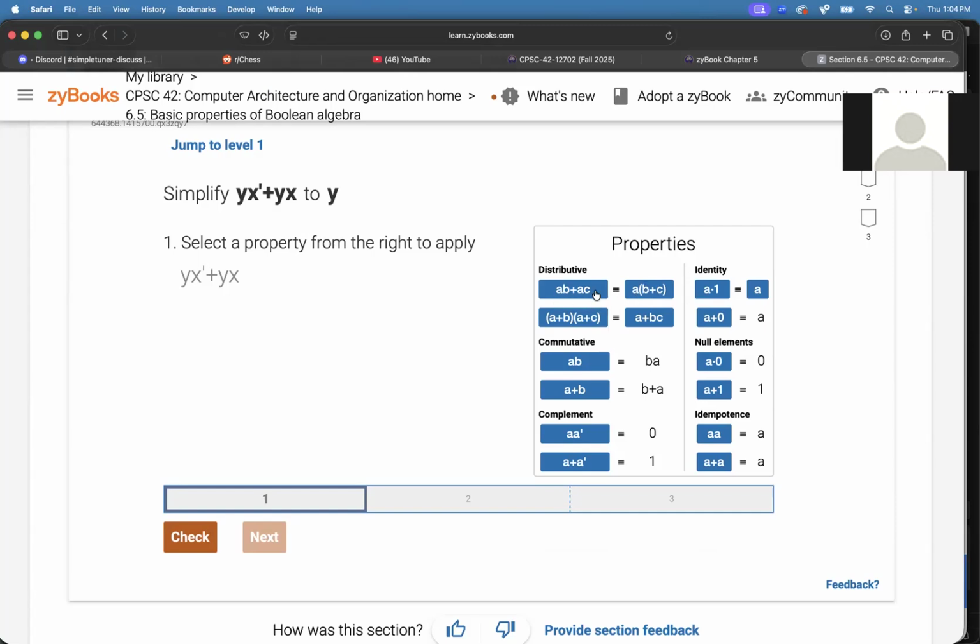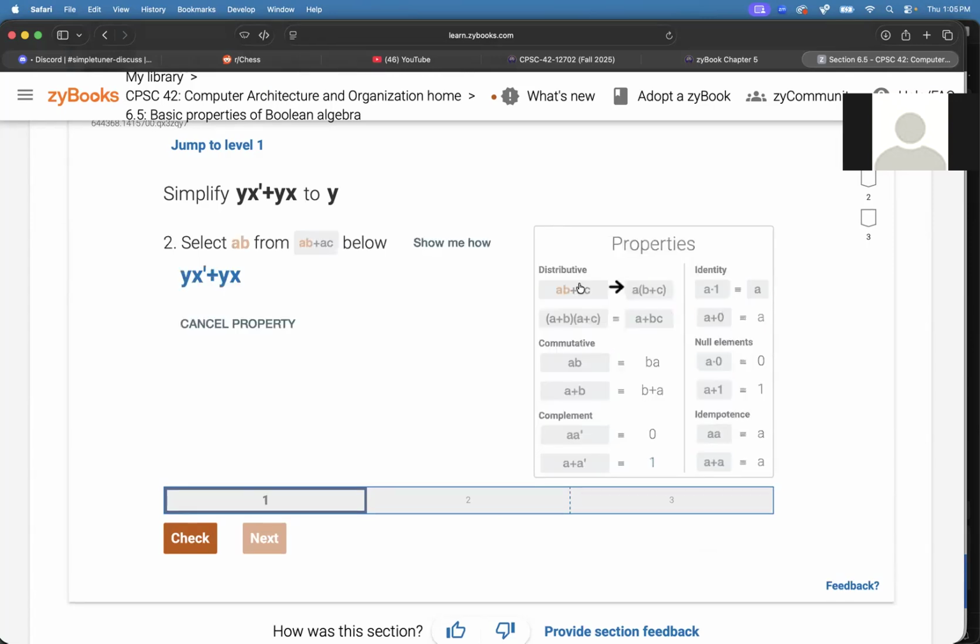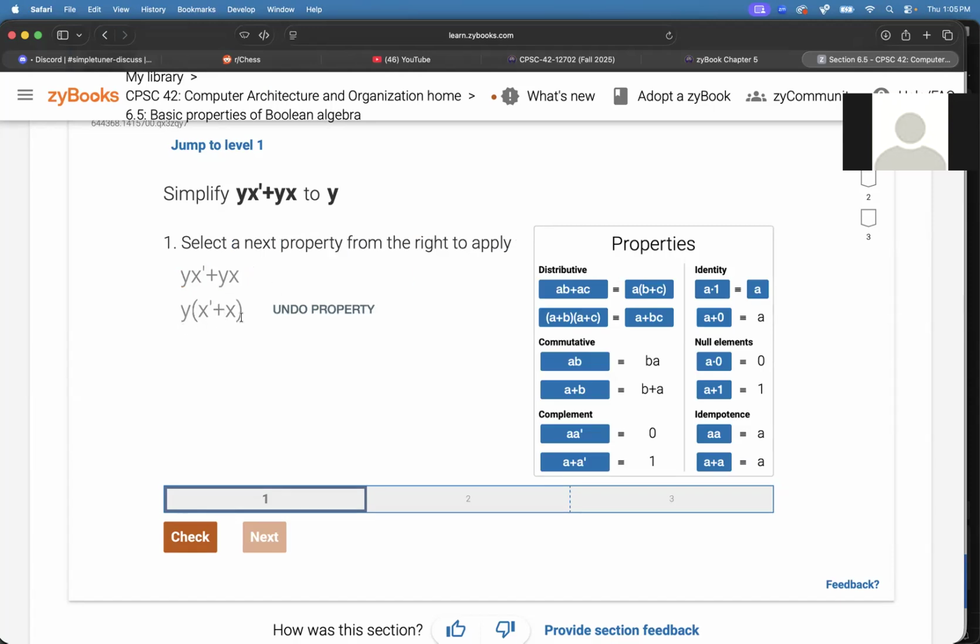It's technically the distributive law backwards, right? AB plus AC, factor out the A. So this is the rule. Then it says select AB. That's the entire first term. So we select this, click next term. Then we want the AC, that's the second term. And then we apply. Okay, we factored it out.